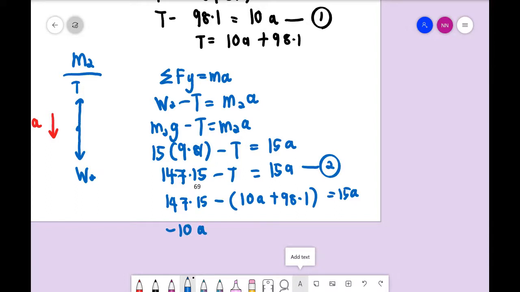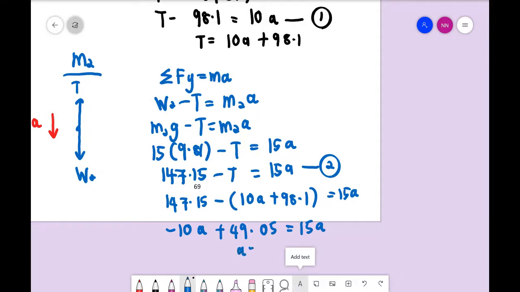So it will be like this, negative 10A. 147.15 minus 98.1 equals 49.05 equals to 15A.